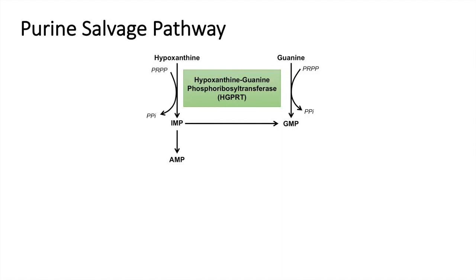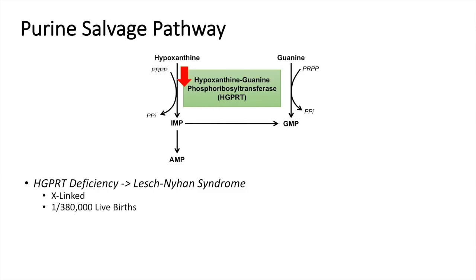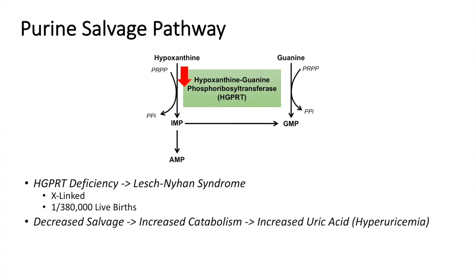Now, if there's ever a problem with this enzyme, it can cause some very dramatic health effects. There's one genetic condition that causes a deficiency in this enzyme, and that is known as Lesch-Nyhan syndrome, which is a genetic condition that is X-linked, and it occurs in about 1 in 380,000 live births. Because this enzyme is deficient, there's decreased salvaging, there's increased metabolism because you're having an increased level of hypoxanthine and guanine, and that leads to increased uric acid.